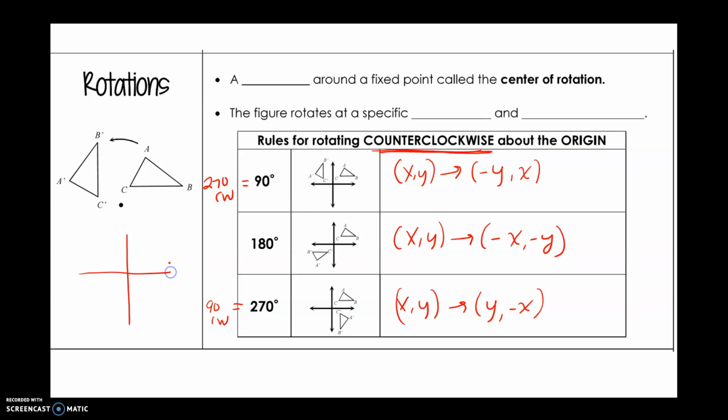So just so we know, if I'm going around this way, this is my counterclockwise. And if I go around this direction, that is my clockwise direction. Okay?